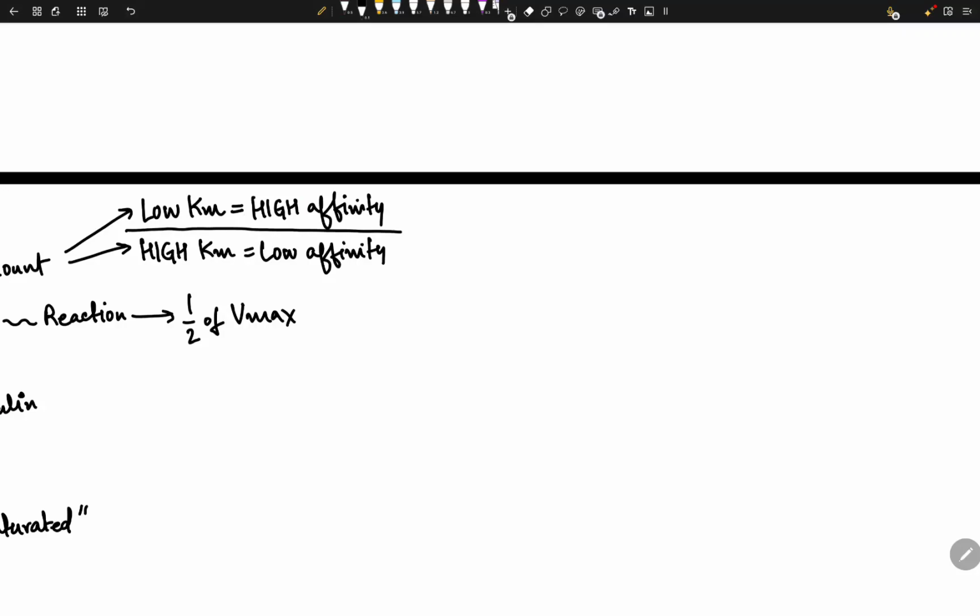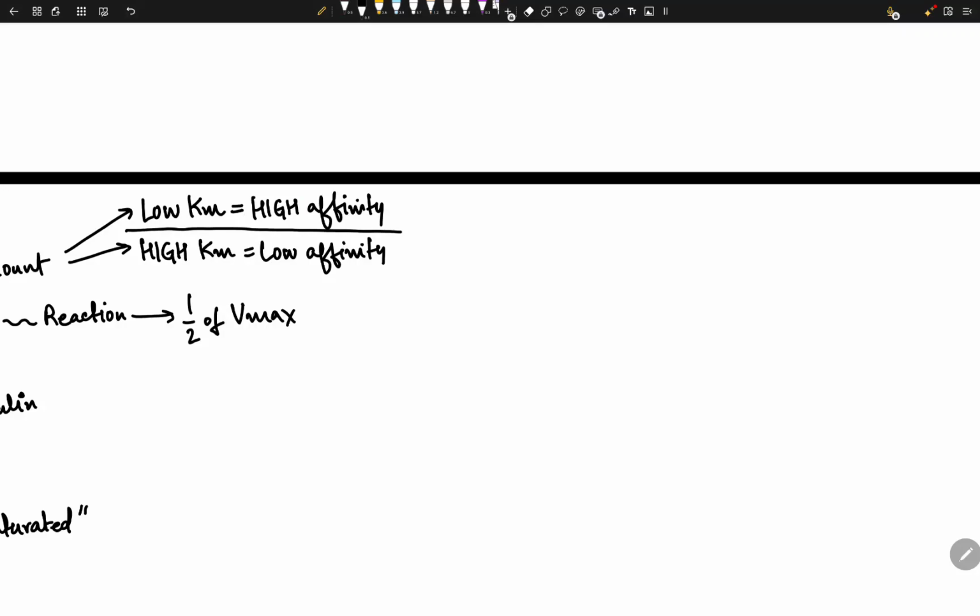Now, let's think about blood glucose and hexokinase. We apply the physiology. When you don't eat for the whole night, what happens to your blood glucose? The blood glucose falls overnight. Now, should the brain cells stop using glucose the whole night?